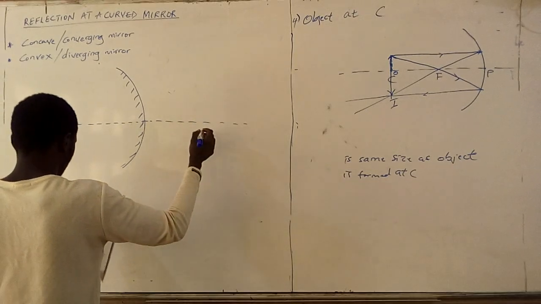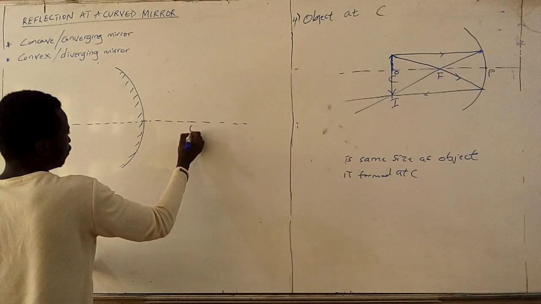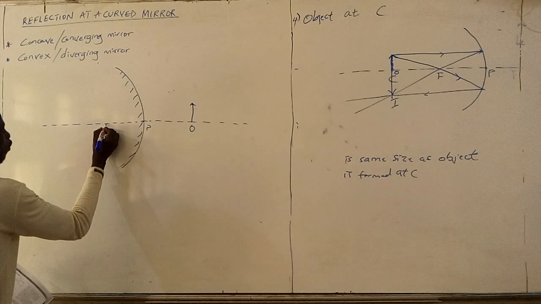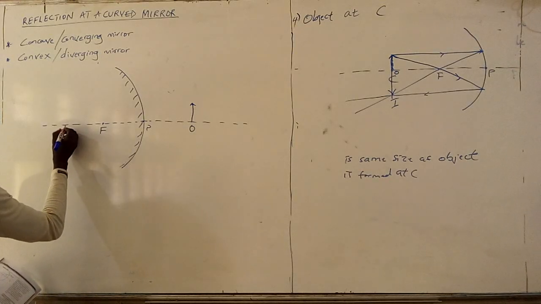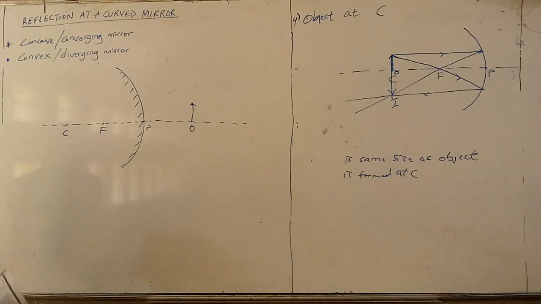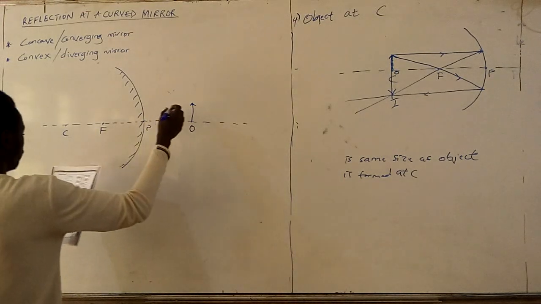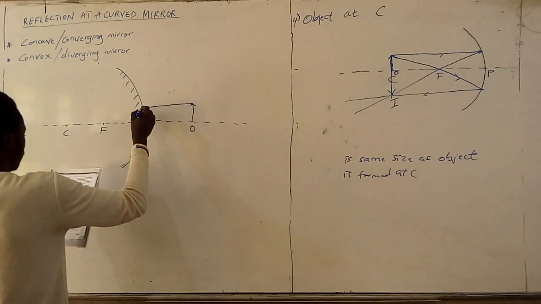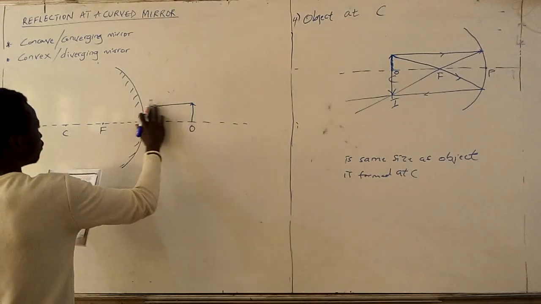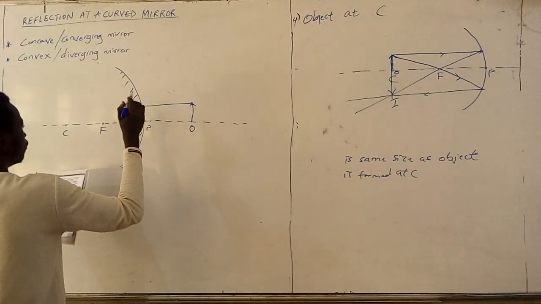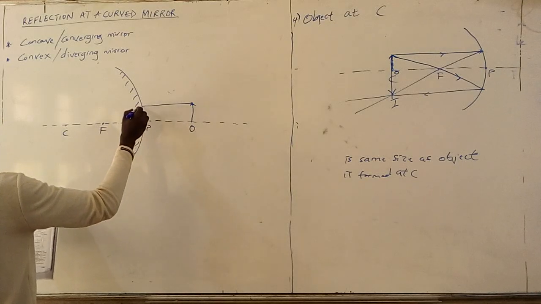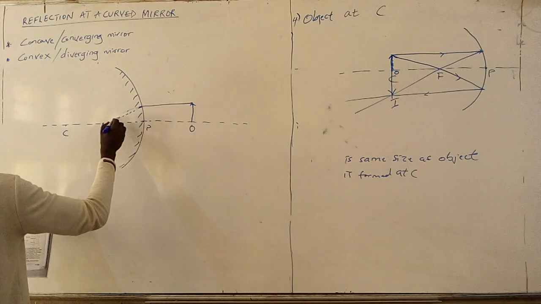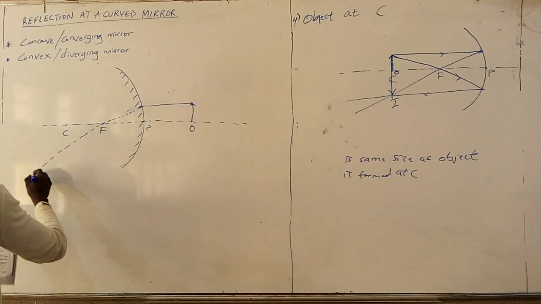So let's choose any position. Let's say the object is placed at this place O. Now, this is the pole. For this, we are going to have F here, we are going to have C here. Then, when rays of light strike this mirror, it turns this way. So remember, we said it's going to fall on F. So let me use the dotted line since it is formed at the back of the mirror.